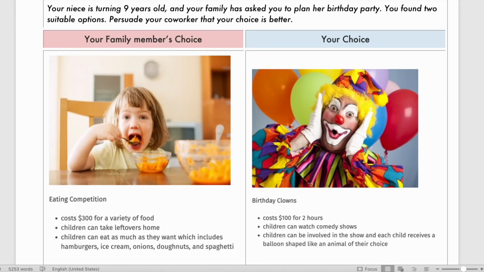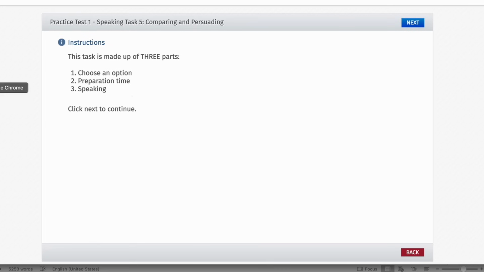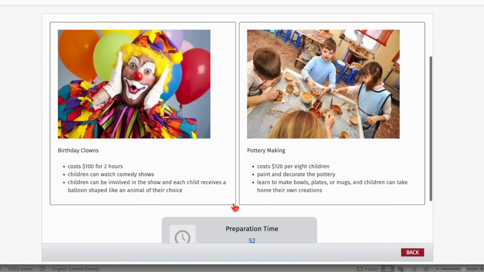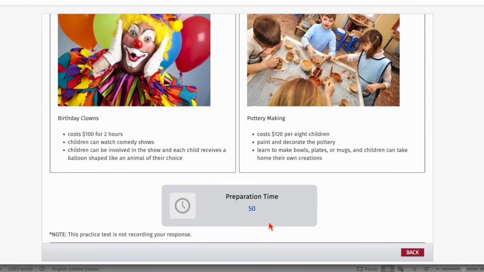But in the real exam, let's just remember that they will tell you first to make a choice. It says choose an option, preparation time, and speaking time. So you see, if I just go here to the real exam, first they tell me the topic, and then I make a choice, and I have a minute of preparation.